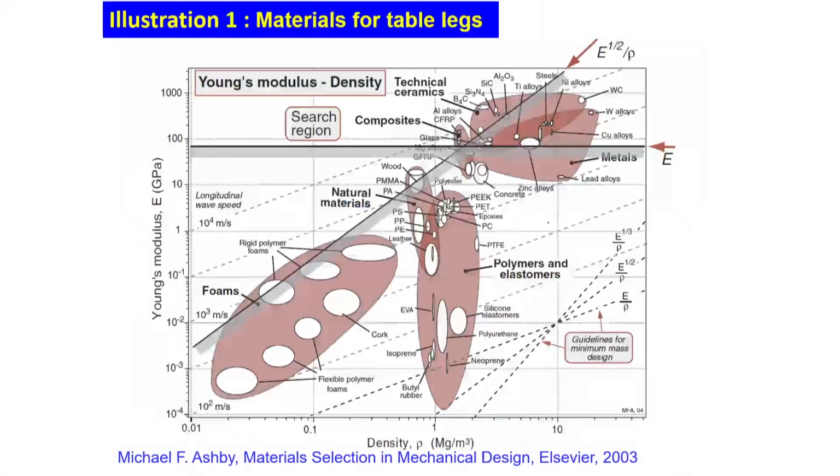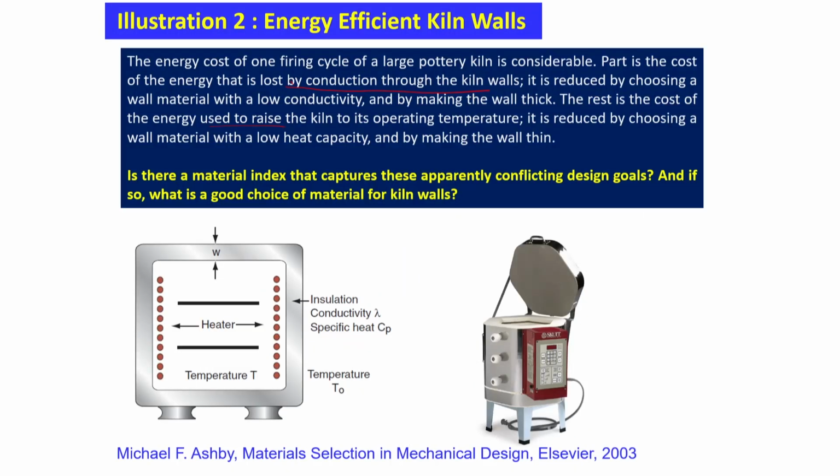Now, as you can clearly see, the first and foremost important aspect you have to look at is the thermal conductivity versus thermal diffusivity chart, and then you have to select the material which has the lowest value.